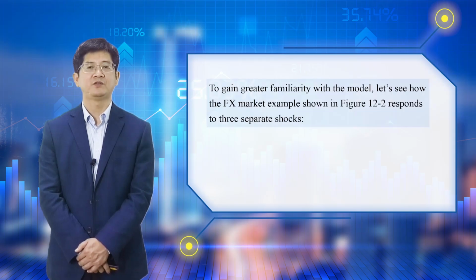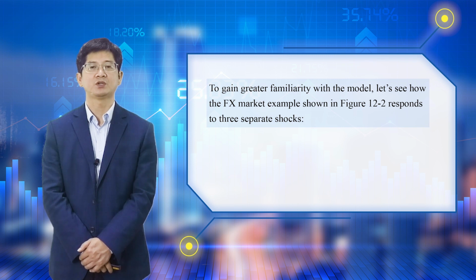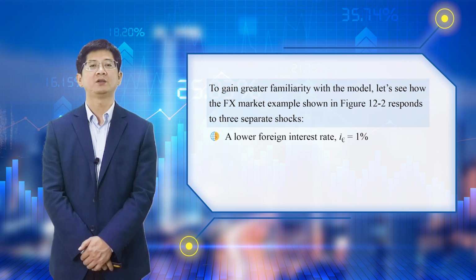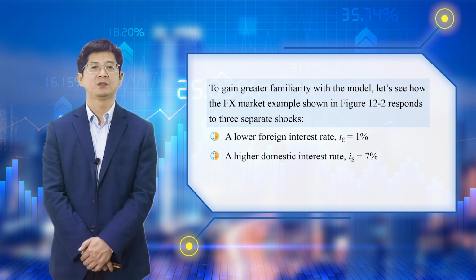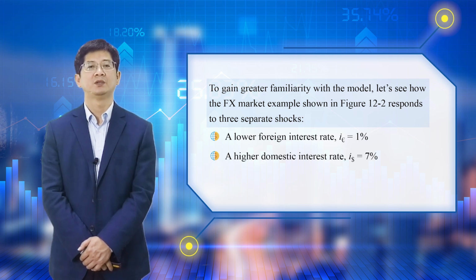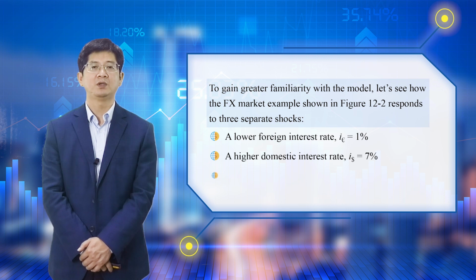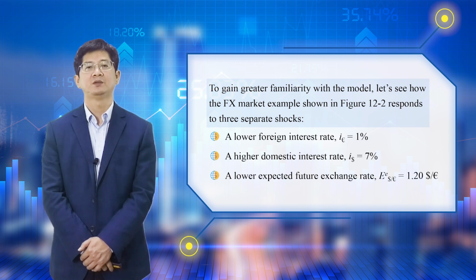To gain greater familiarity with the model, let's see how the forex market example shown in figure 4.2 responds to three separate shocks: a higher domestic interest rate, I dollars equal to 7%; a lower foreign interest rate, I euros equal to 1%; and a lower expected future exchange rate of $1.2 per euro.